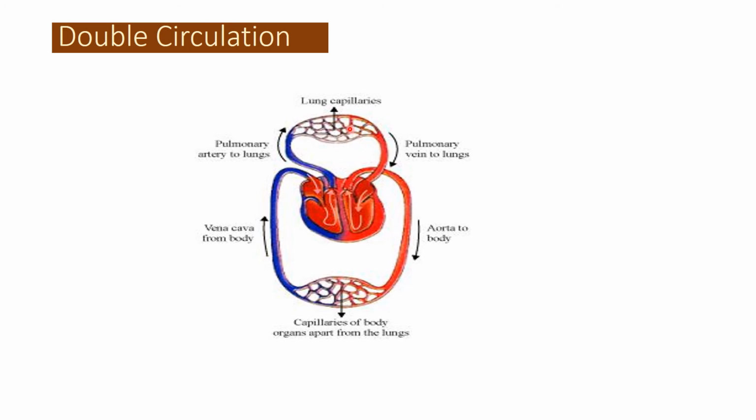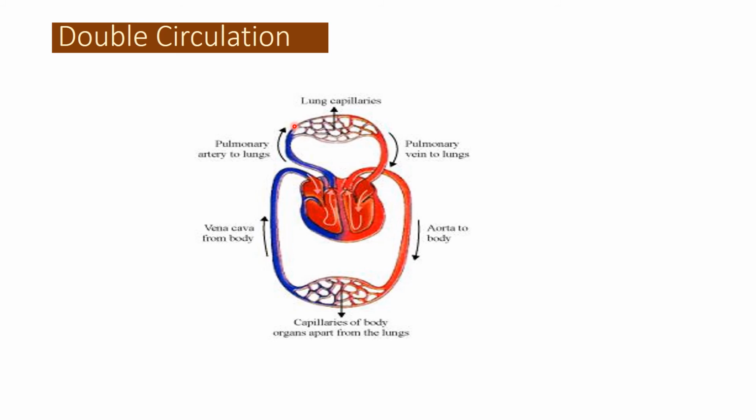You can see this is the one cycle which is on the left hand side: blood is coming from the lung to the left atrium, then to the left ventricle, and then from the left ventricle through the aorta it goes to the body organs, and then from the body organs through the vena cava it comes to the right atrium, then to the right ventricle, and then through the pulmonary artery it goes to the lungs.